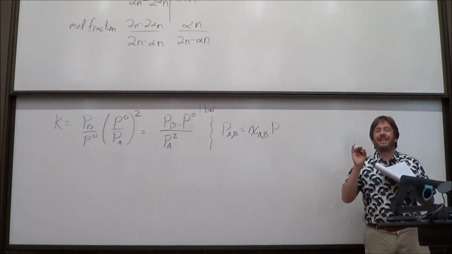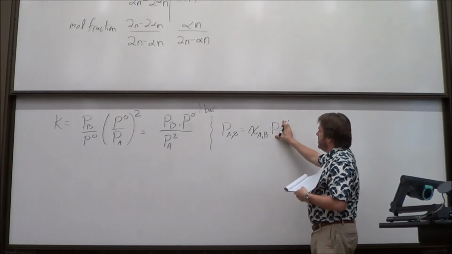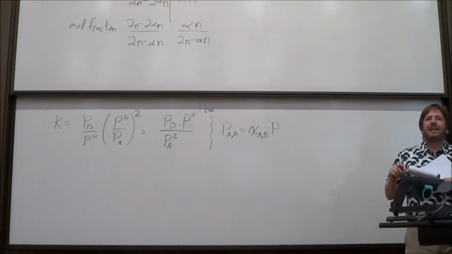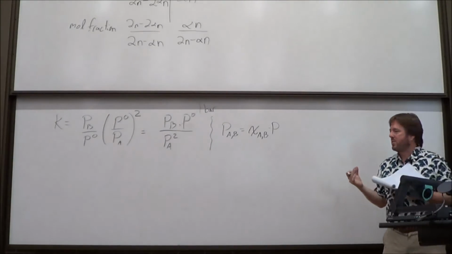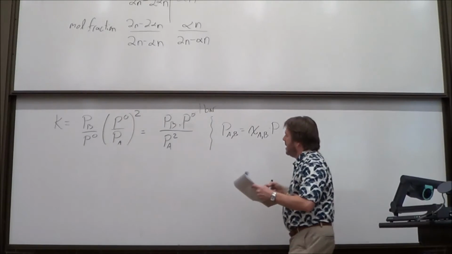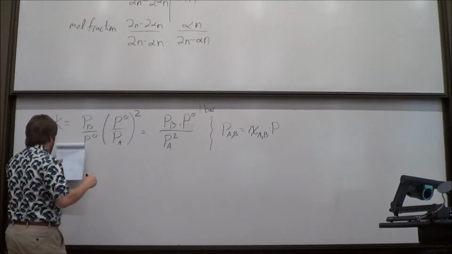I did that because you guys did a lot better if I did that. It wasn't that hard. It's traditional just to say, assume that the pressure maintains at 1 bar. I realize that that's kind of stupid in a reaction like this. It's naturally going to lose pressure. I think that's the case with your homework question. Okay, so that's total pressure, and you know that because I'm not labeling it any other way.